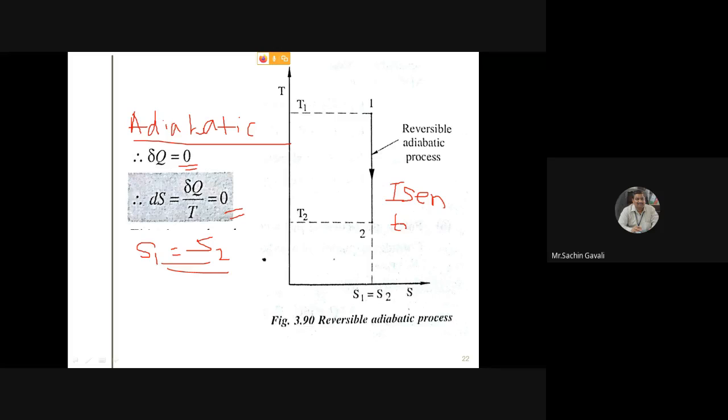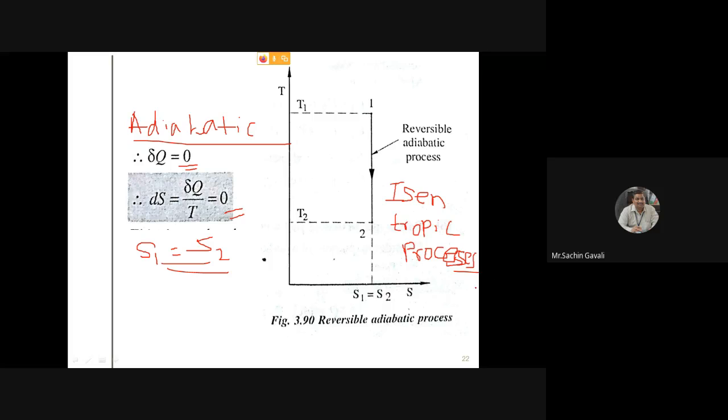Write down, reversible adiabatic processes are called isentropic processes. Why isentropic? What is the meaning of isentropic, anybody? Iso means, anybody? Isenthalpic, isentropic.